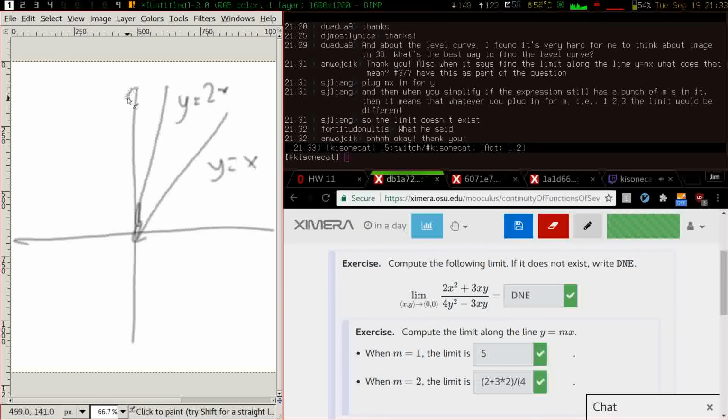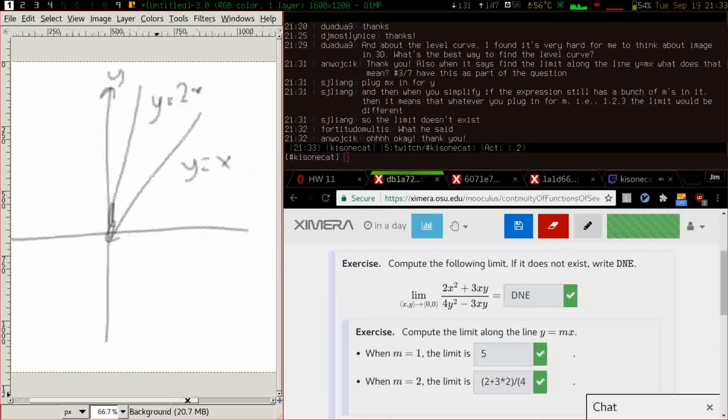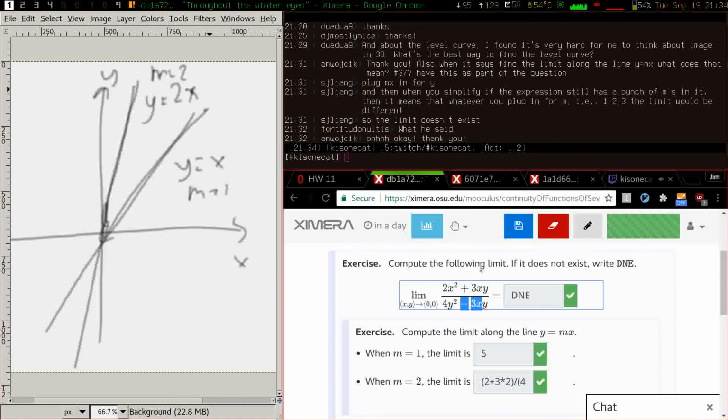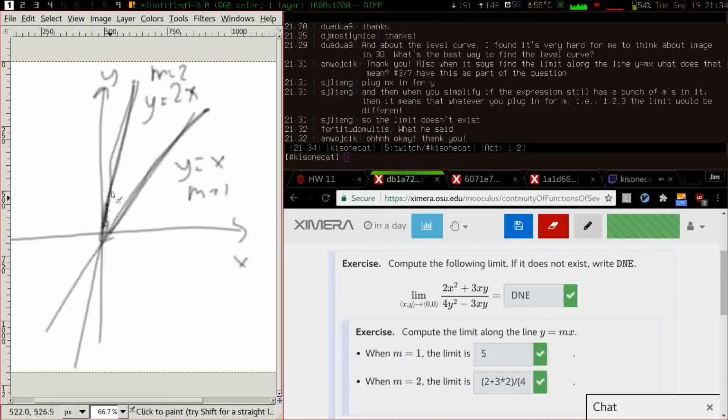Here, this is my y-axis, this is my x-axis, and I've got two different lines. This is when m equals 1, and this line is when m equals 2, so that's y equals 2x. The issue is that this quantity has very different behavior when you're marching towards 0, 0 along this line as compared to along that line.